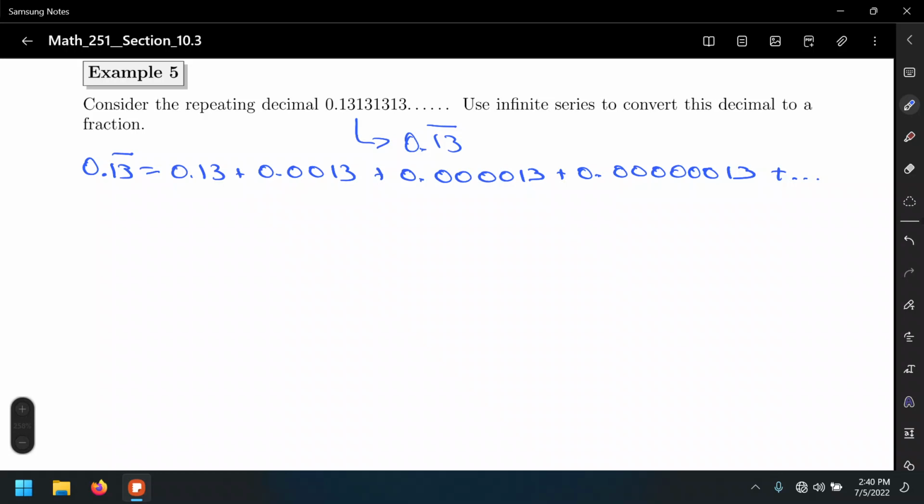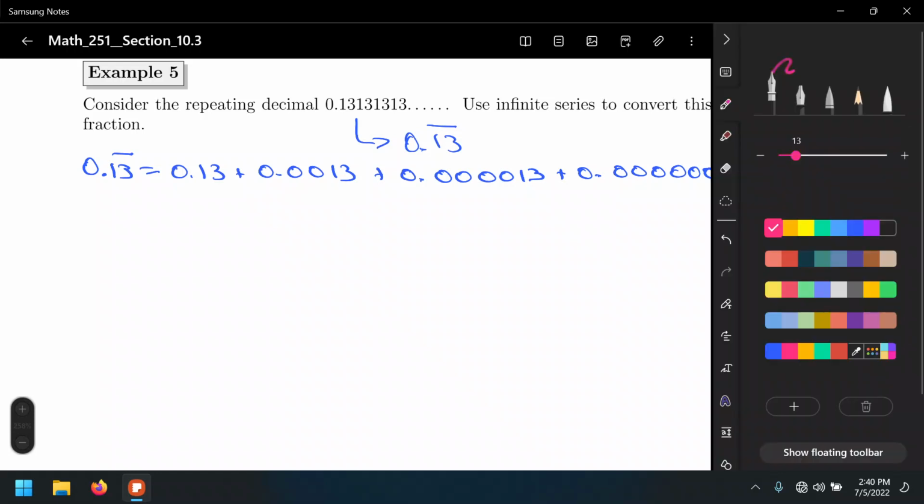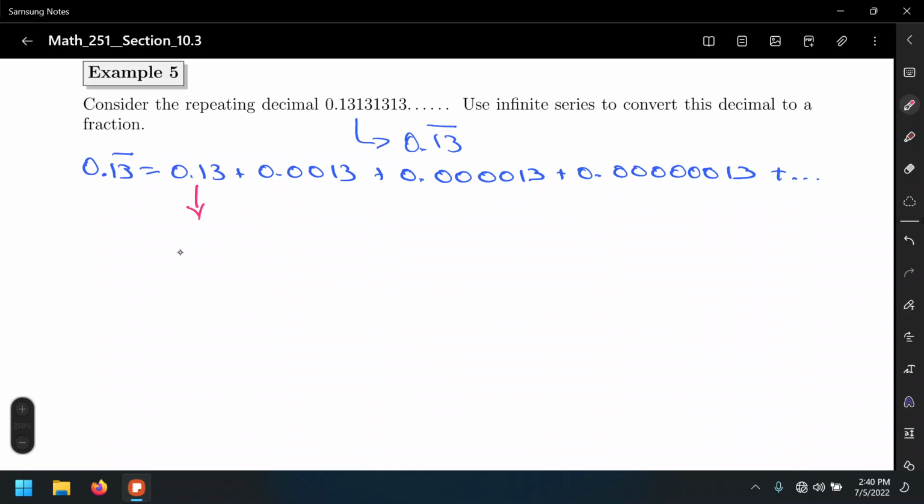There are two elements that we need in order to write a geometric series. Number one, the first term, a, it's there: 0.13. So a equals 0.13. That's our first term. And then from there, we need to find the value of r. How do we get the value of r?